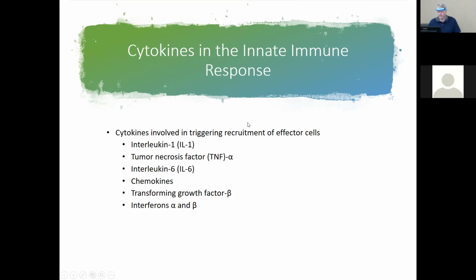But where we're going to see them is in the innate immune response. You guys are very familiar with the innate immune response because this is what we're born with. All right, we're born with this because we have cytokines that trigger the recruitment of the effector cells. What are the effector cells in the innate immunity?